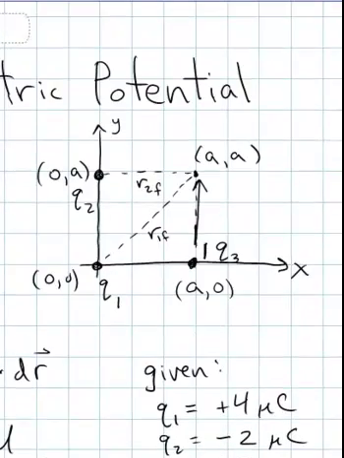Q3 is a positive charge, and Q1 is also positive. Q2 is negative. Q3 starts out close to the positive charge, and as it moves to its final position, it gets further and further away from the positive charge, and it gets closer to the negative charge.